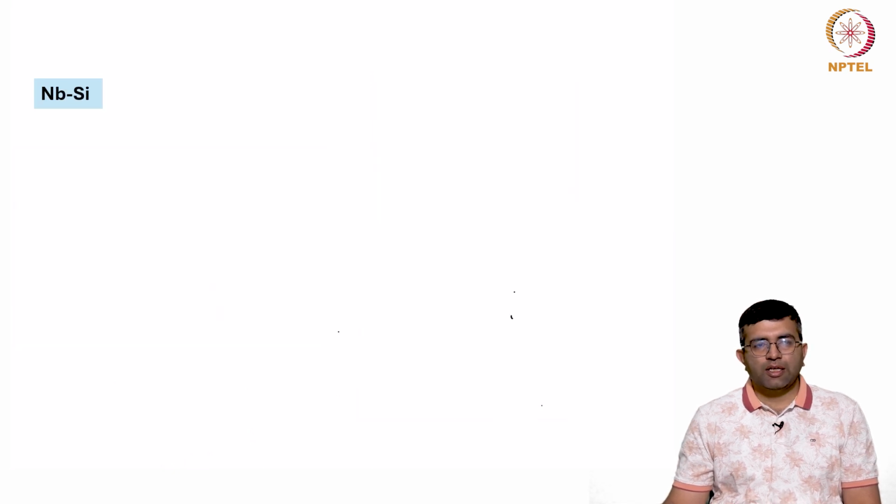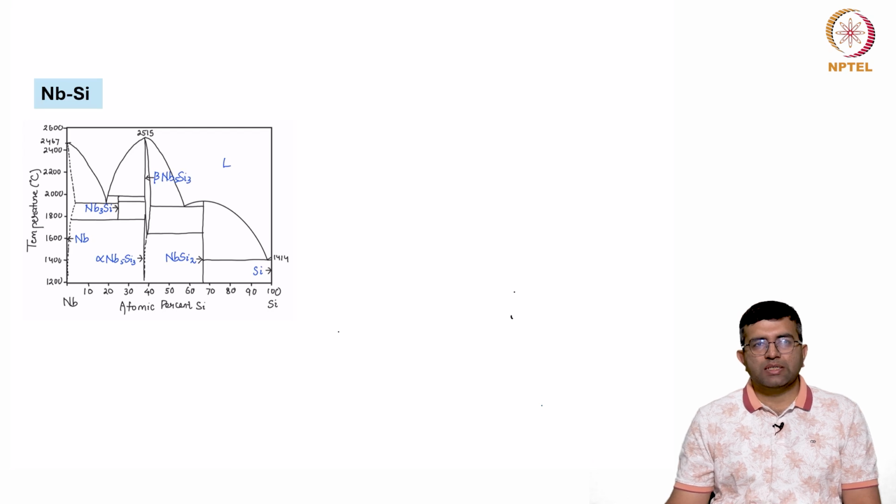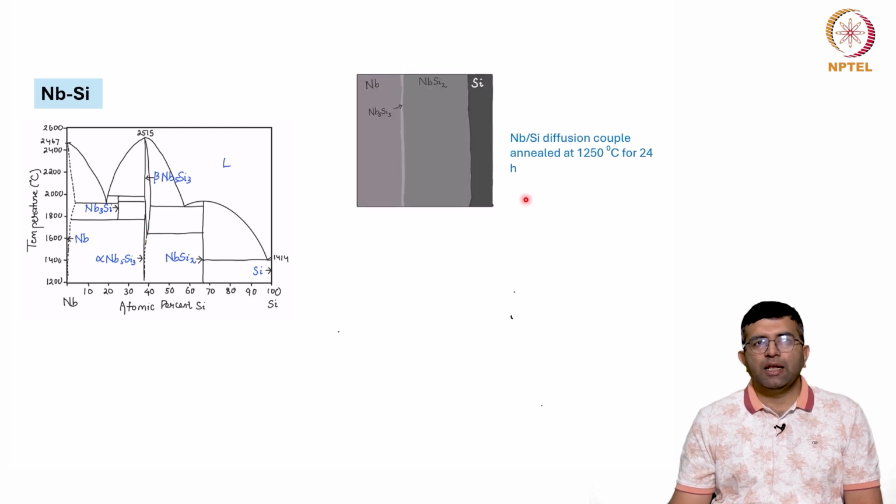So, then another example is niobium silicon. Here you see a very limited solid solution, and this is a schematic of a diffusion couple annealed at 1250 degrees centigrade for 24 hours.